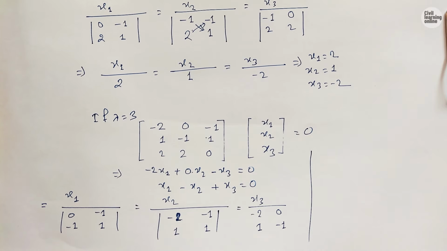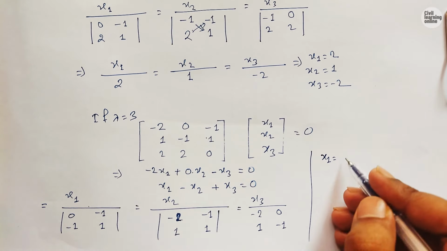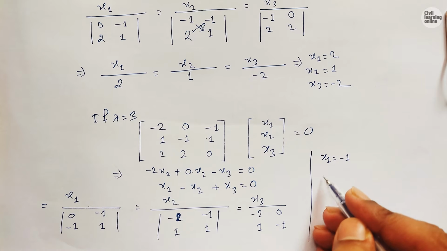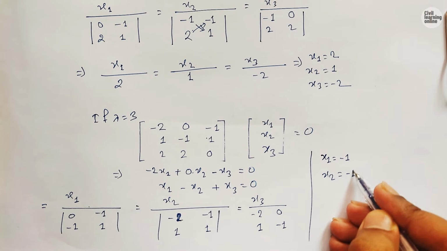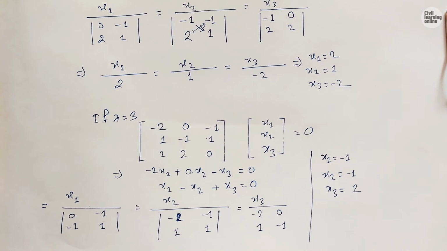So on solving this we will get x1 upon minus 1, x2 upon minus 1, x3 upon 2. So these are the values of x1, x2, x3 using the three eigenvalues.